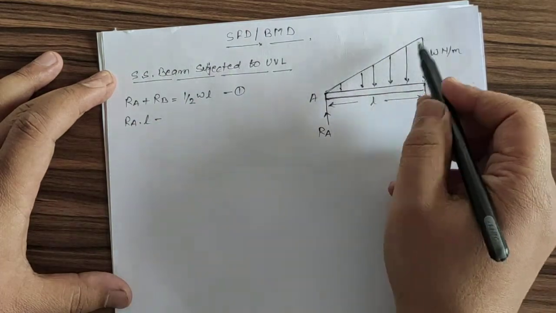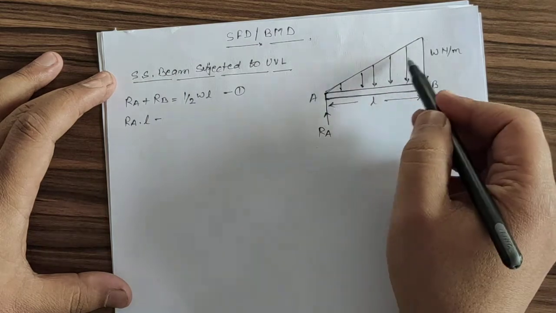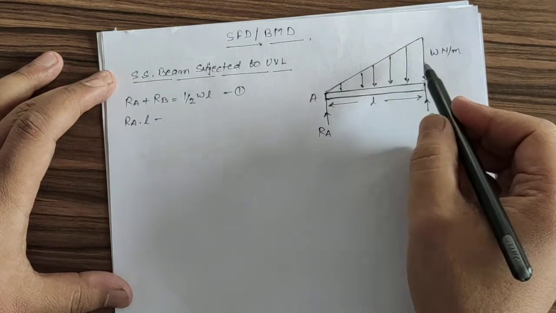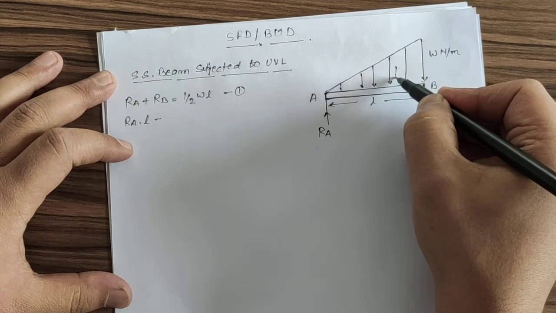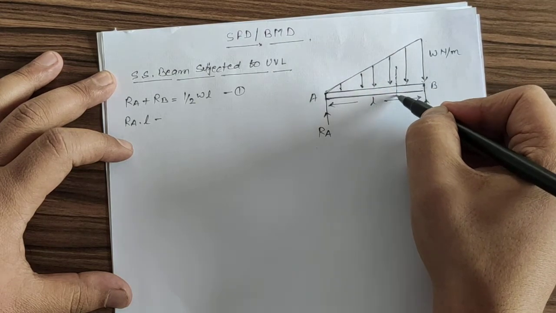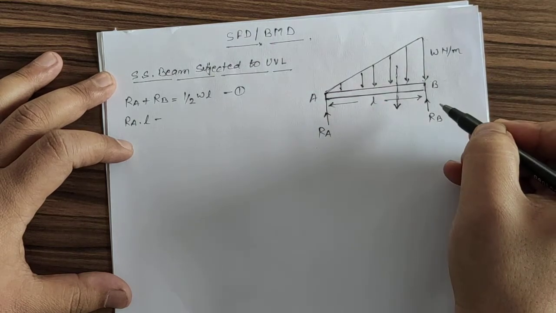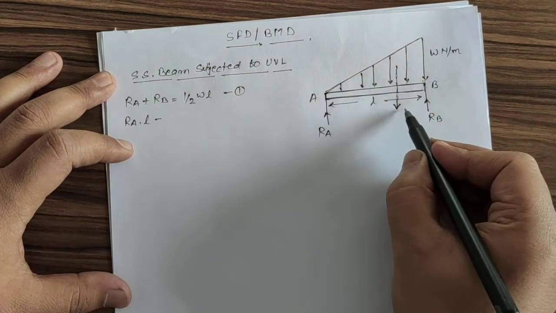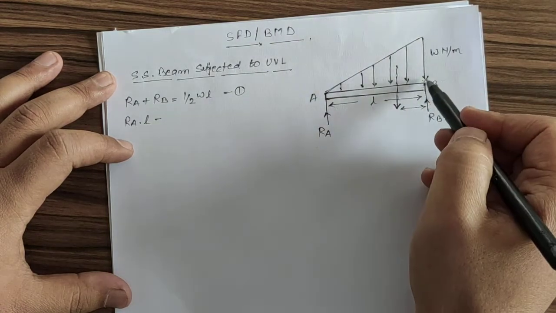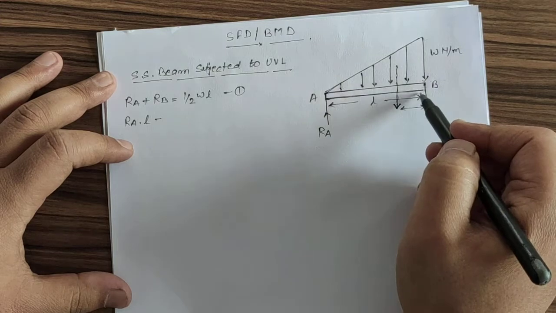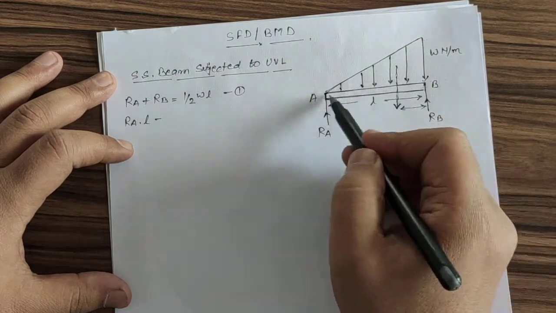Now, the load due to this uniformly varying load is the area of this triangle, the total load, and we can assume that this total load is acting at its center of gravity. The location of the center of gravity is 1 by 3 of the base from the larger end, and 2 by 3 of the base from the smaller end.